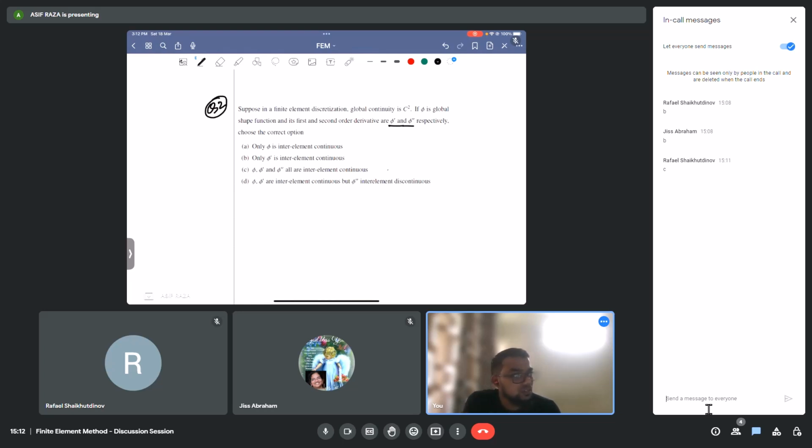Second option: only phi prime is inter-element continuous. Third option: all three, phi, phi prime, phi double prime, are inter-element continuous. Fourth option: phi and phi prime are inter-element continuous, but phi double prime is inter-element discontinuous. So what will be the correct answer?